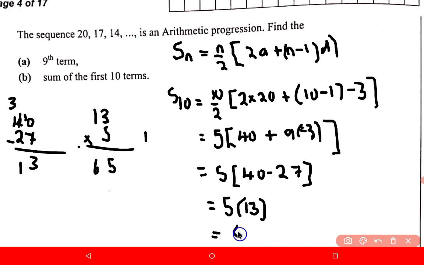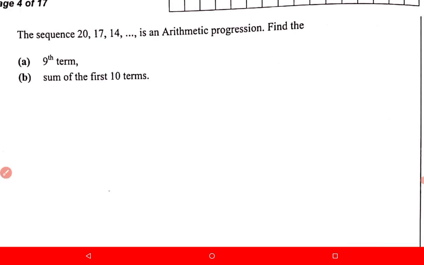This tells us that the sum of the first 10 terms is 65, and that is the answer to this question. Pretty much easy and simple as well. We go to the next question.